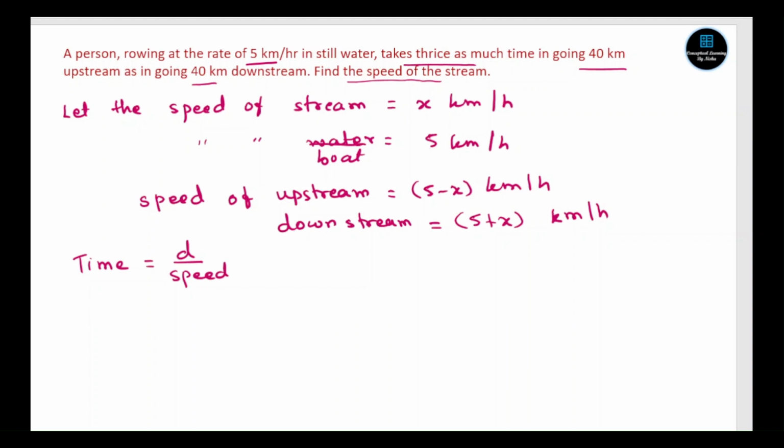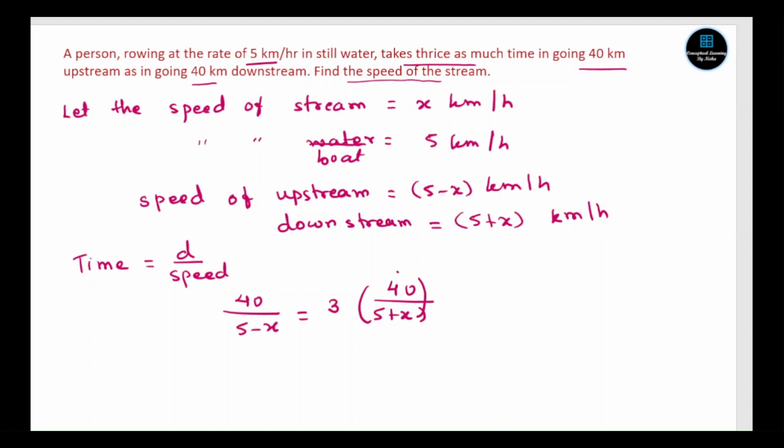Now the time taken for upstream will be thrice because it is going opposite to the stream direction. It will take more time. So 40 upon the upstream speed, 5 minus x, equals 3 times 40 upon 5 plus x. This is the time taken for upstream and the time taken for downstream.